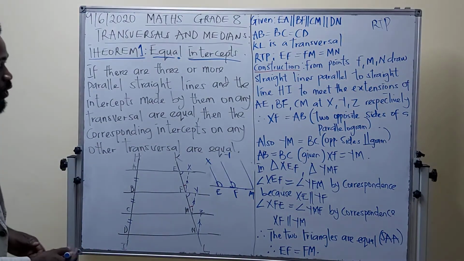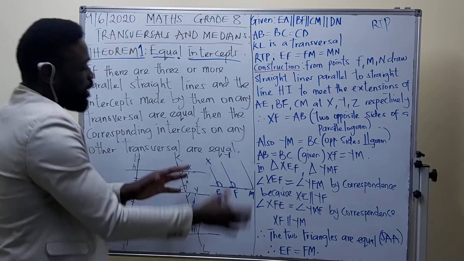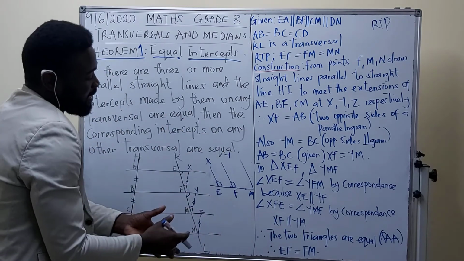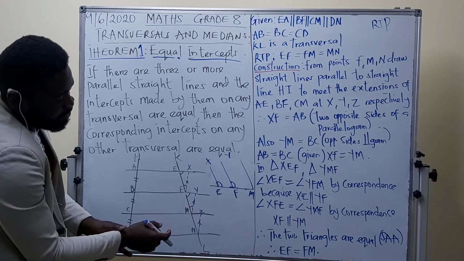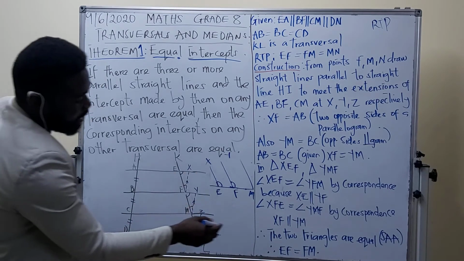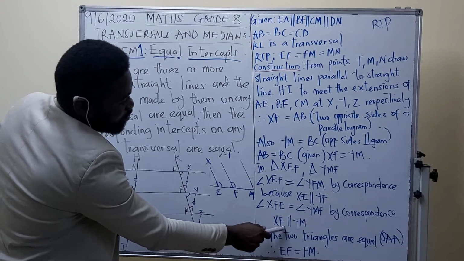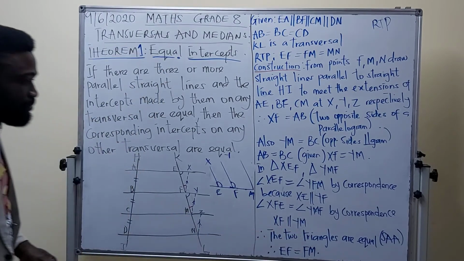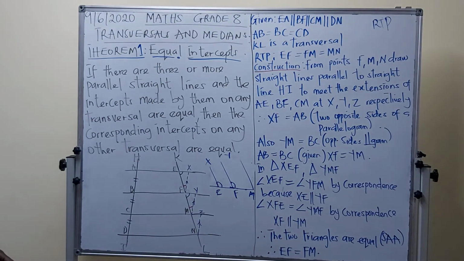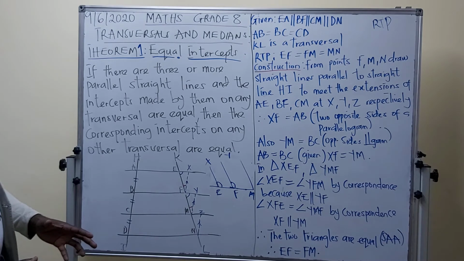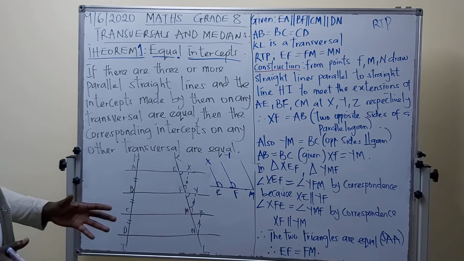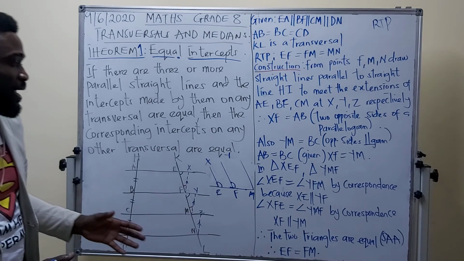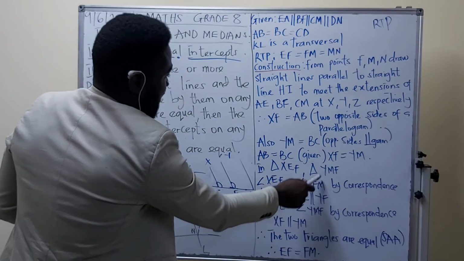If we turn the shape the other way around, now you will see why it is correspondence, because this is parallel to this. Because XF is parallel to what? To YM. Now, don't forget we are trying to bring out the similarities, or the comparison, between the two triangles, XEF and YMF.